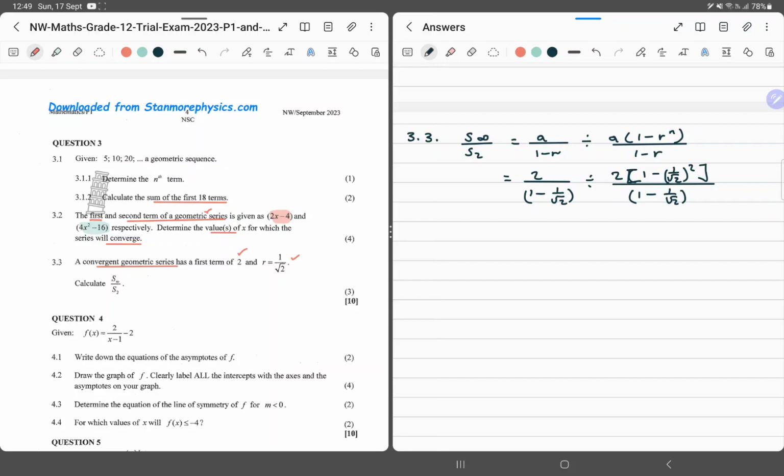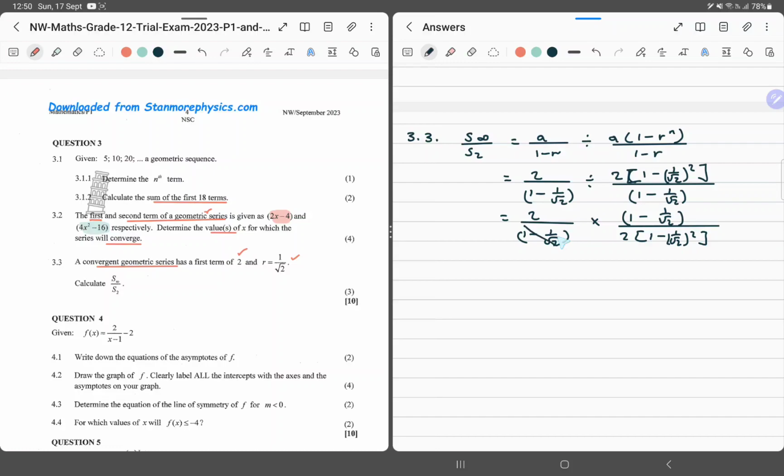Okay, so you know that when you're dealing with fractions, you flip the other one. I mean, when you're dividing, 1 minus the square root of 2, all of that divided by 2 into 1 minus the square root of 2 rather squared.